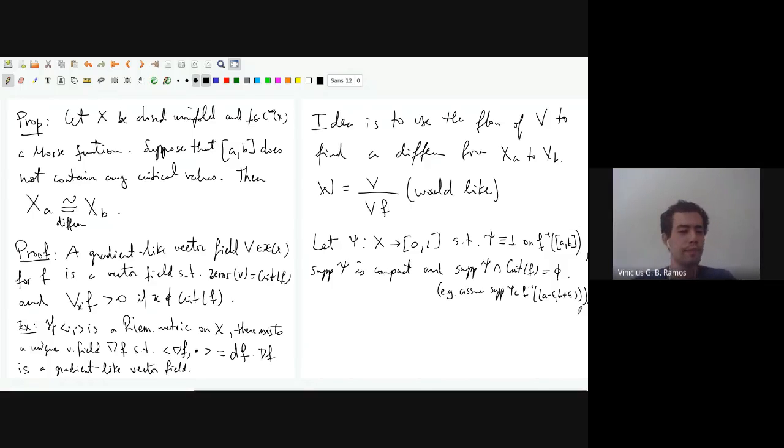Okay, so now we can define W at x to be the following. I can do psi of x times V_x over V_x F if x is in the support of psi and 0 otherwise.